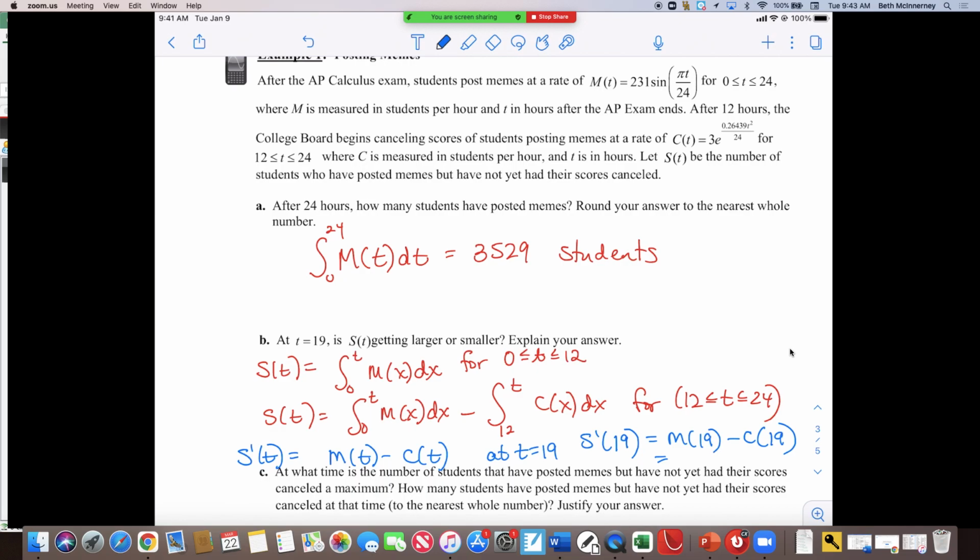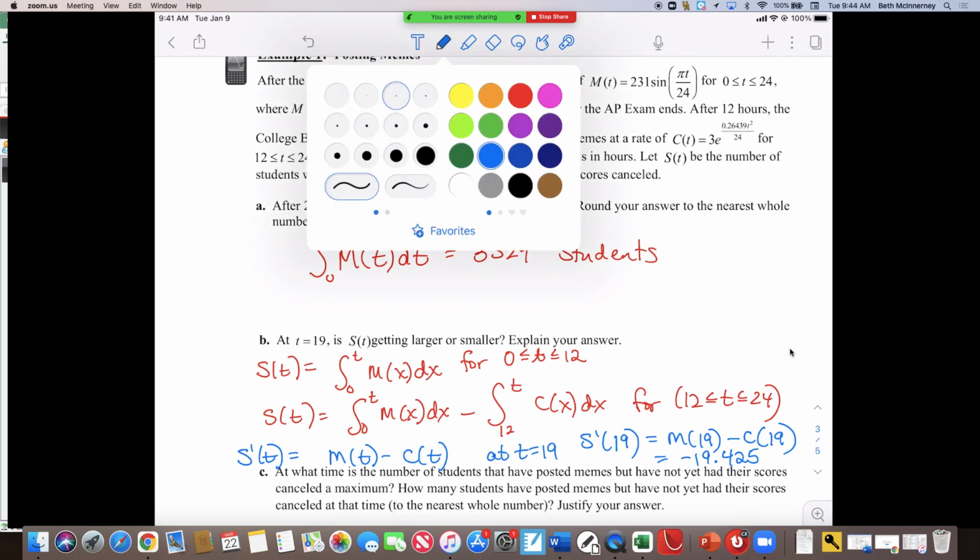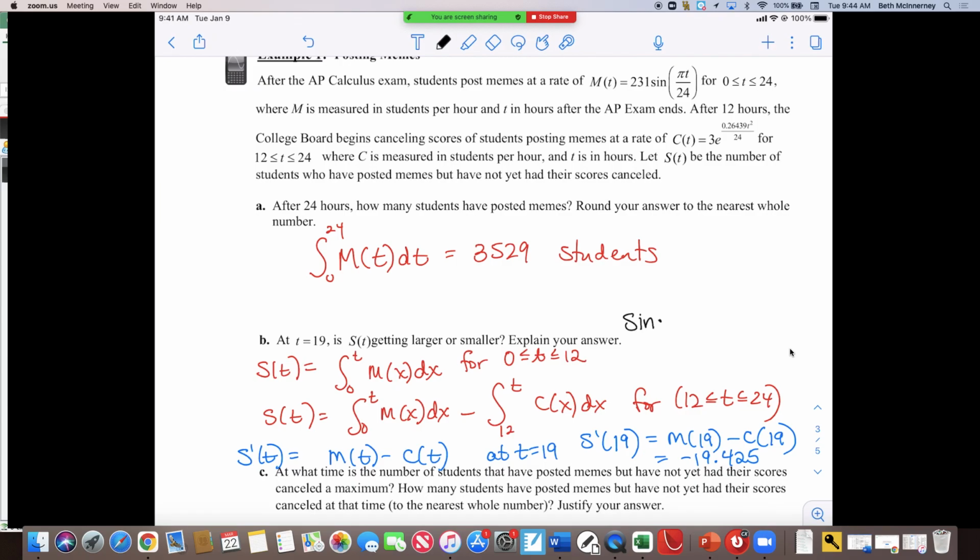Where the derivative is negative, it's decreasing. I got negative 19.425. So I would say, since s prime of t is less than 0, s of t is getting smaller at t equals 19.